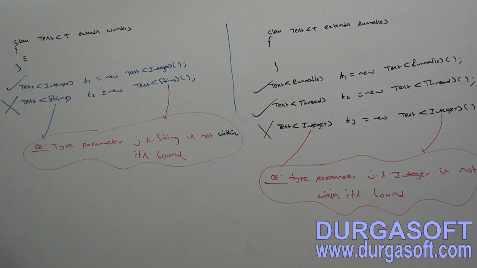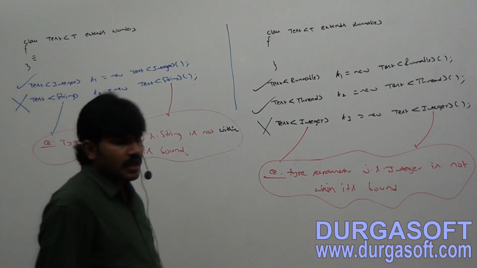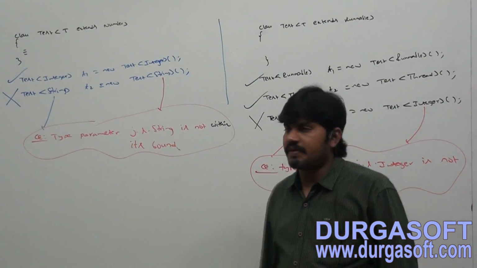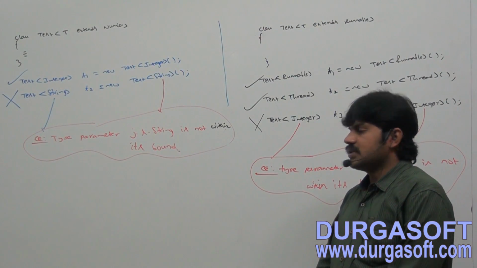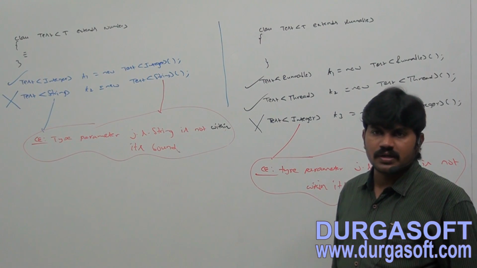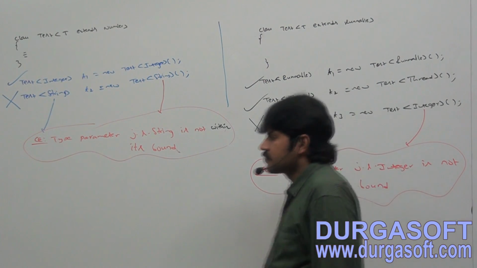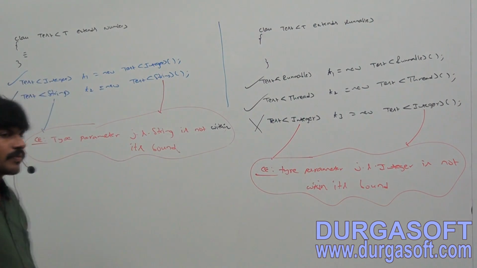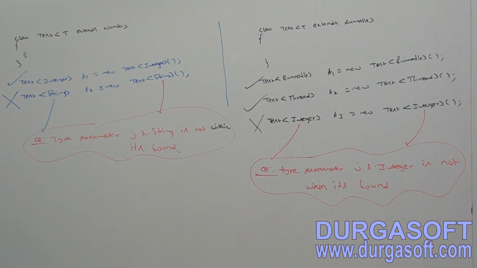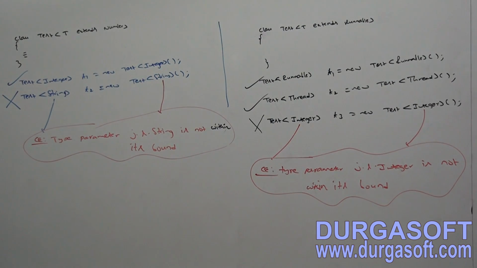We are going to get a compile time error saying type parameter java.lang.String is not within its bound. Next, type parameter java.lang.Integer is not within its bound.